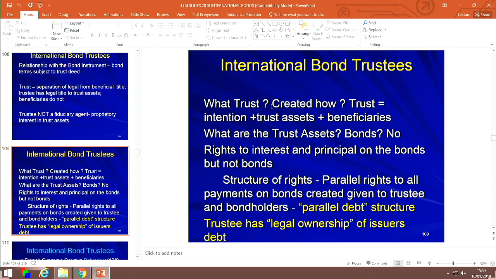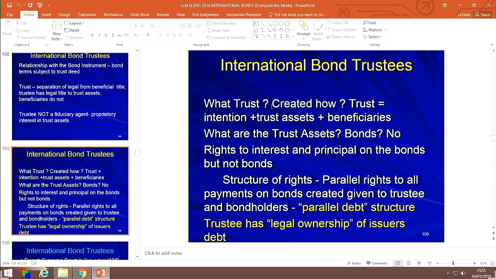It's a right to interest and principal. Now, this raises an interesting question. If the trustee has the trust asset, namely the right to interest and principal on the bonds, what rights do the bondholders have? Well, here you come across what we call the parallel debt structure.